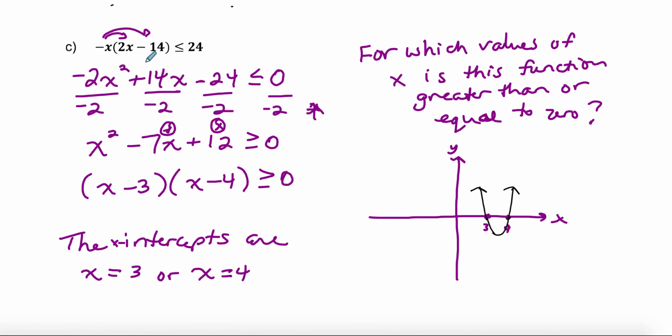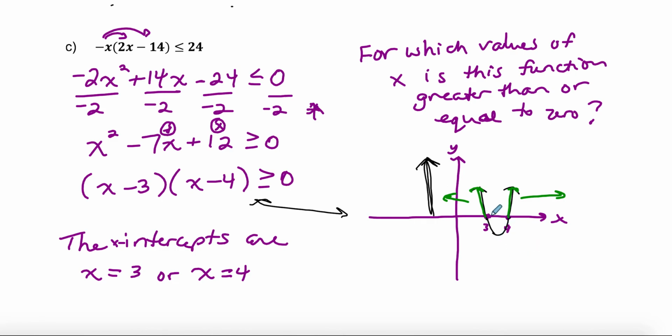This is asking me, where is this parabola greater than or equal to 0? Vertically, in what section is this parabola above 0? So the only areas that this parabola is above 0 would be this piece and this piece. And they are going to continue to go wider and wider and wider forever.